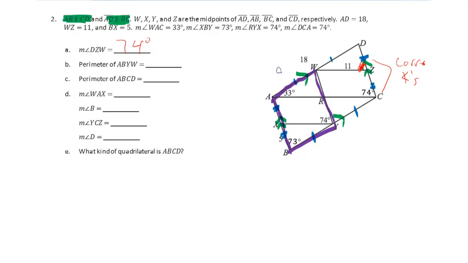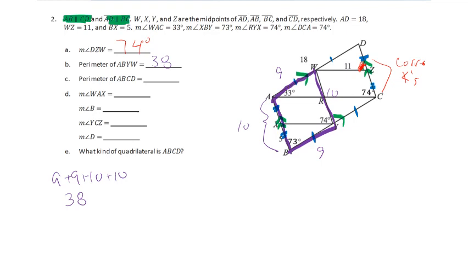So AW is going to be 9, which means that BY is also going to be 9. And then this guy, they gave us XB. XB is half of the whole length. So this whole length here is going to be 10. And since that one's 10, so is the length over for WY. So I have 9 plus 9 plus 10 plus 10, which is going to give me 38. So the perimeter of ABYW is 38.